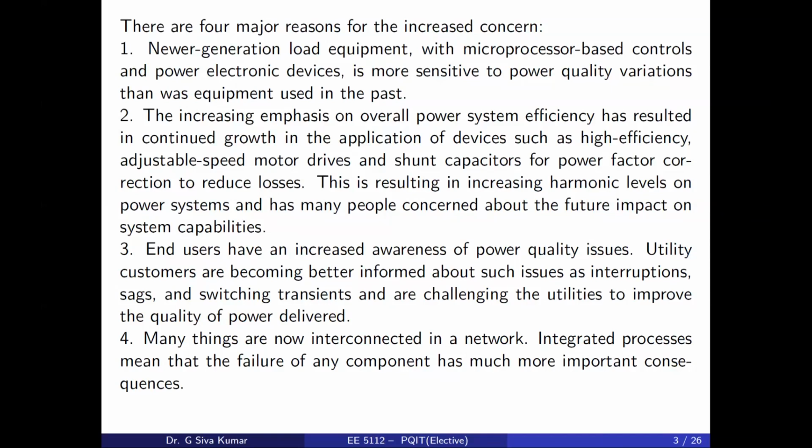Because if there is any kind of fault or generator failure in an interconnected system, and one generator which is delivering a huge amount of power fails, that is going to impact the other generating stations also.